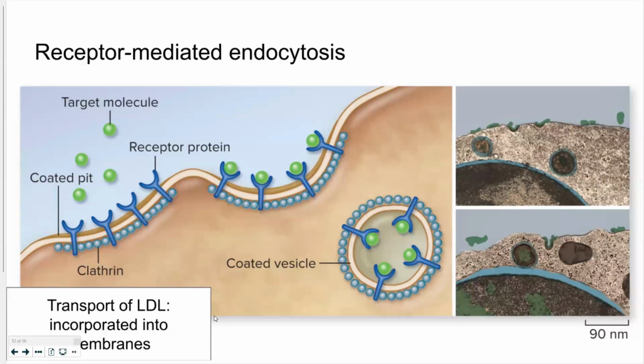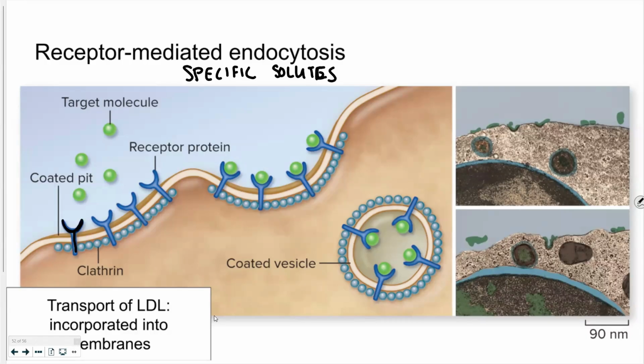In receptor mediated endocytosis, this is how we're going to get specific for our different types of solutes. Once we can identify what's out there, then we're gonna say, aha, we only want this thing and we don't want all the rest of the crap. So we're gonna have these proteins that are embedded in the membrane.